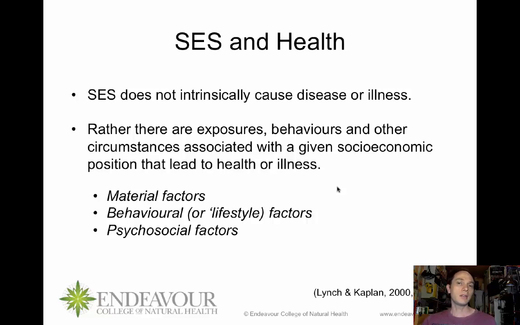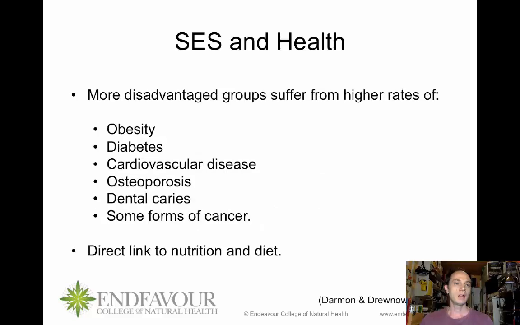So that's something that's important to consider, because if we can actually look at what the actual causes are in relation to low SES, then there can be attempts made to address those determinants and try to improve the health outcomes of people despite being in a low socioeconomic class.